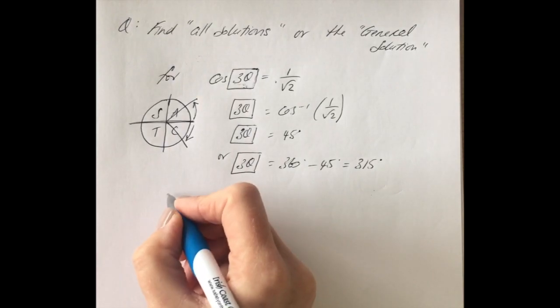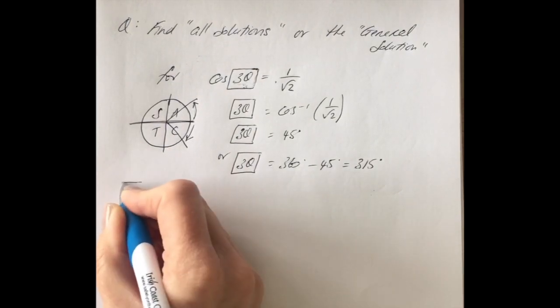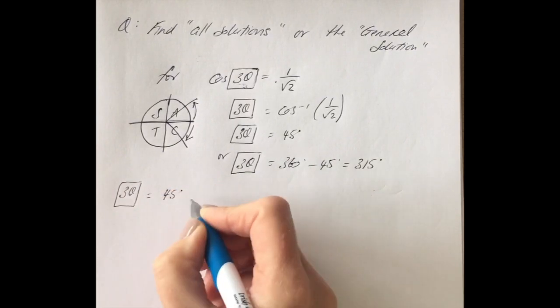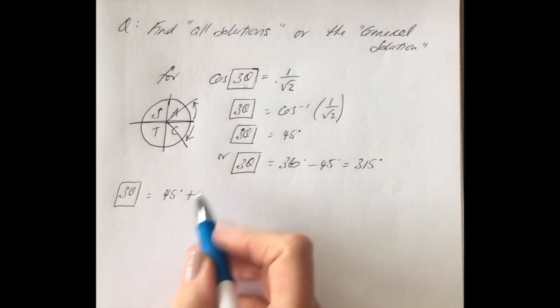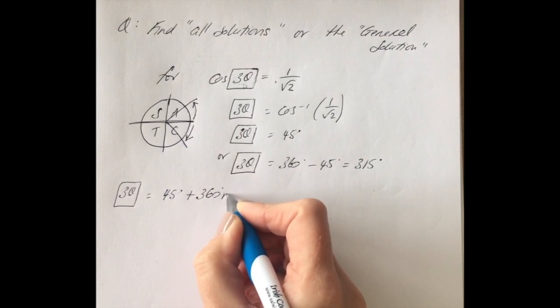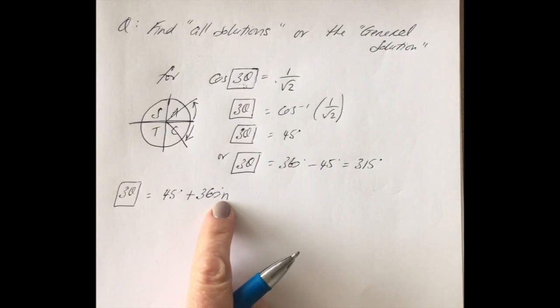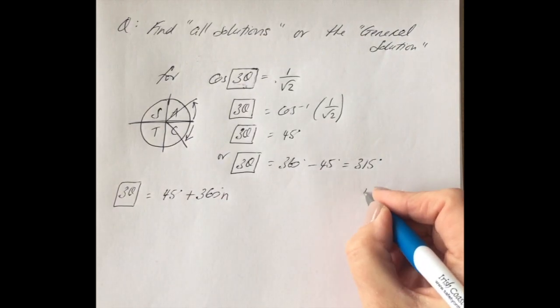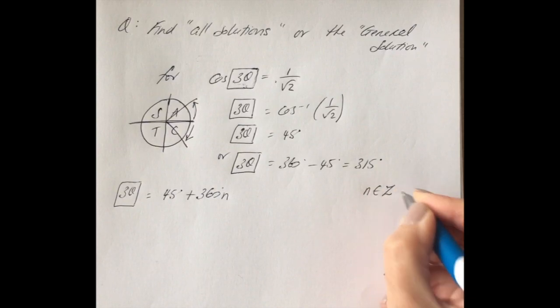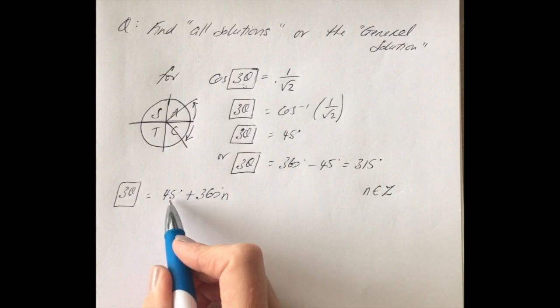So I write 45 degrees, so this is my 3 theta, remember? And then I add on rotations of 360 degrees, so I'm going to write this as 360 degrees times n, where you can sub in different values for n. For the first answer, you'll sub in n equals 0, and obviously get 45 degrees.